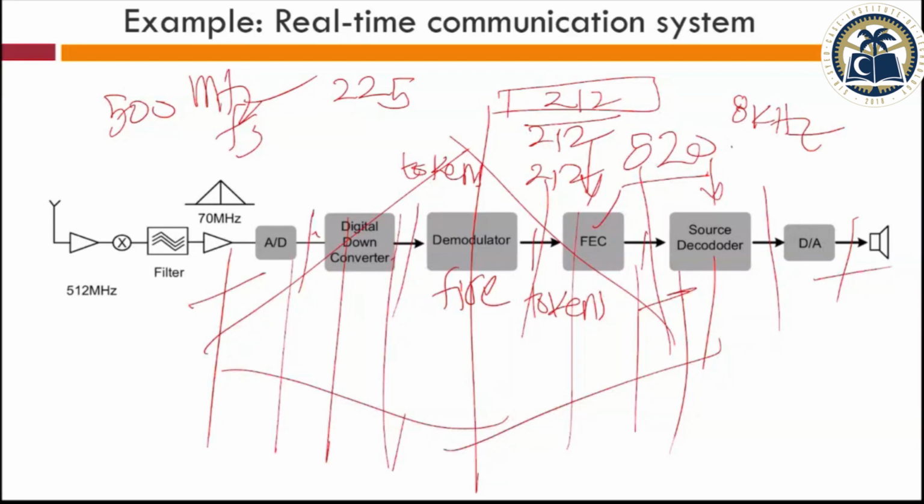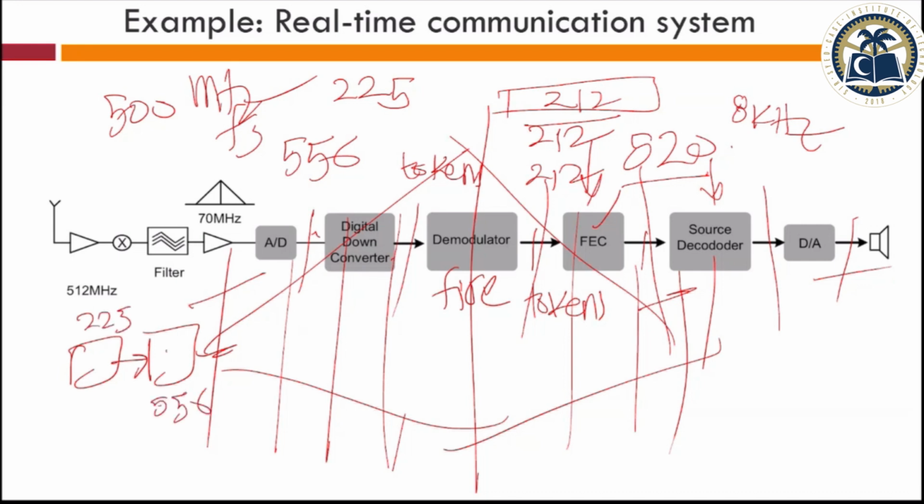But what becomes challenging is that because you are designing an architecture, the firing is not happening at regular intervals in time. Sometimes you are waiting to generate the result. As I mentioned earlier, let's say, for example, you have 225 samples coming out of FEC, but the next block will only run on 556 samples.